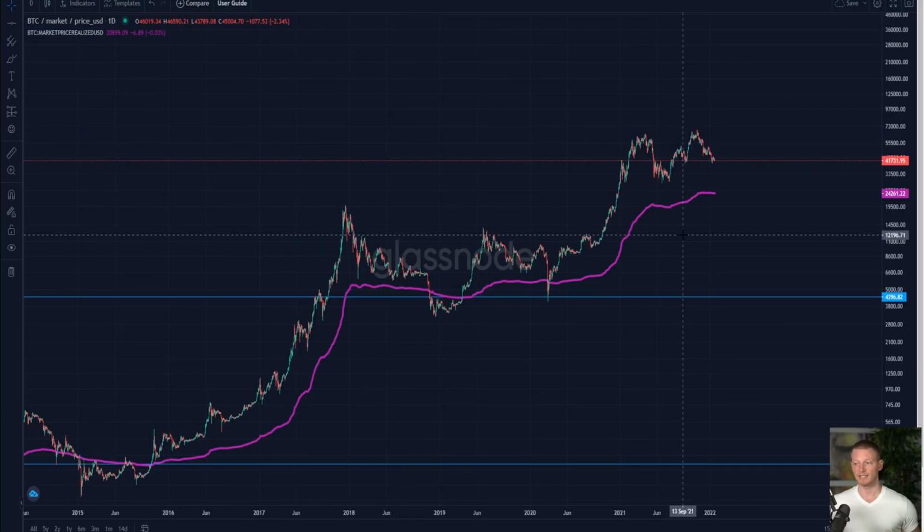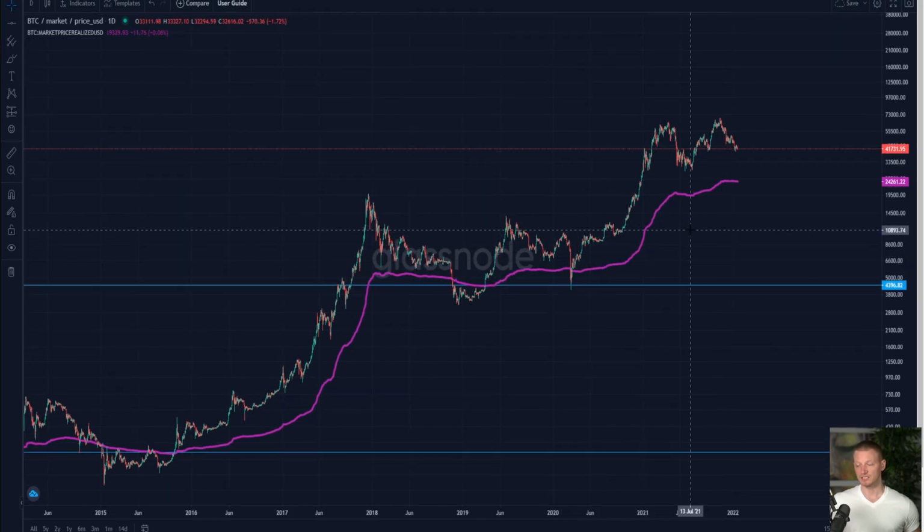Where we're at right now is sort of up in the air because it's not exactly clear yet whether we are about to enter a capitulation phase or whether we are going to simply use this level here at $40,000 where we know we have a lot of support and head up further.